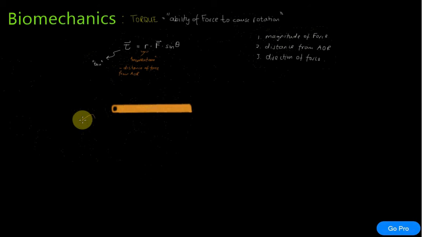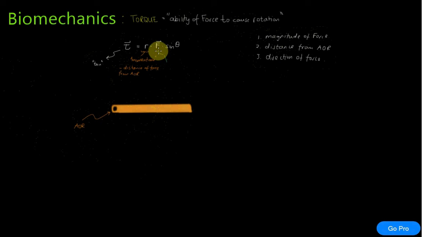So this over here is my axis of rotation in this particular scenario. It's the hinge joint of the door, the point around which this door will tend to rotate, right? Okay, so that should hopefully make sense.